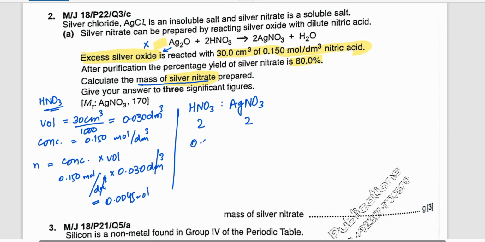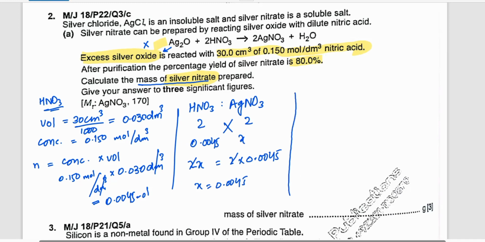If we have 0.0045 moles, what will be this? X. The same ratio will be there. Cross multiplication: 2x is equal to 2 multiplied by 0.0045. You can directly cancel 2 with the 2. X is equal to 0.0045 moles.